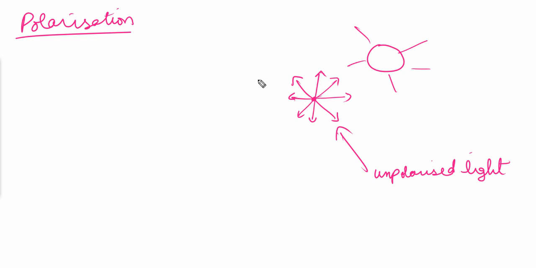All right, so this is the light that is coming out from the sun. So what we do is we put a polarizer. So let me just draw it with this bluish color. So I have put this polarizer. So now let's consider this is the direction of the light.